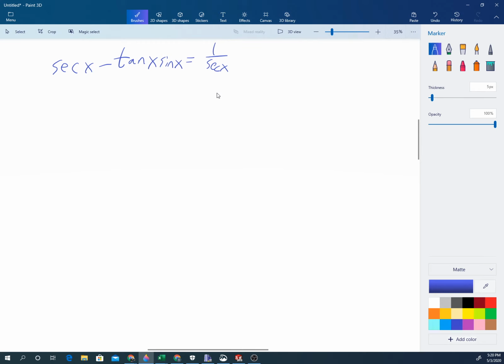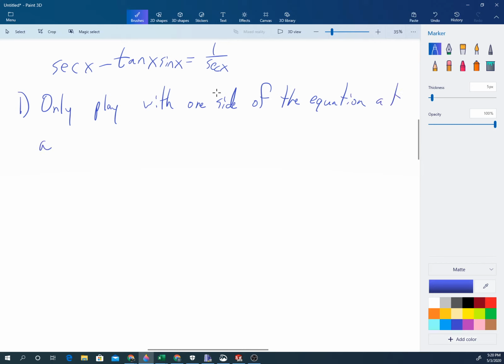So, to verify an identity, what you need to do, a couple steps. First thing, only play with one side of the equation at a time. Number 2, and this is the most important thing, I just called it an equation, but it's not going to be treated like an equation.